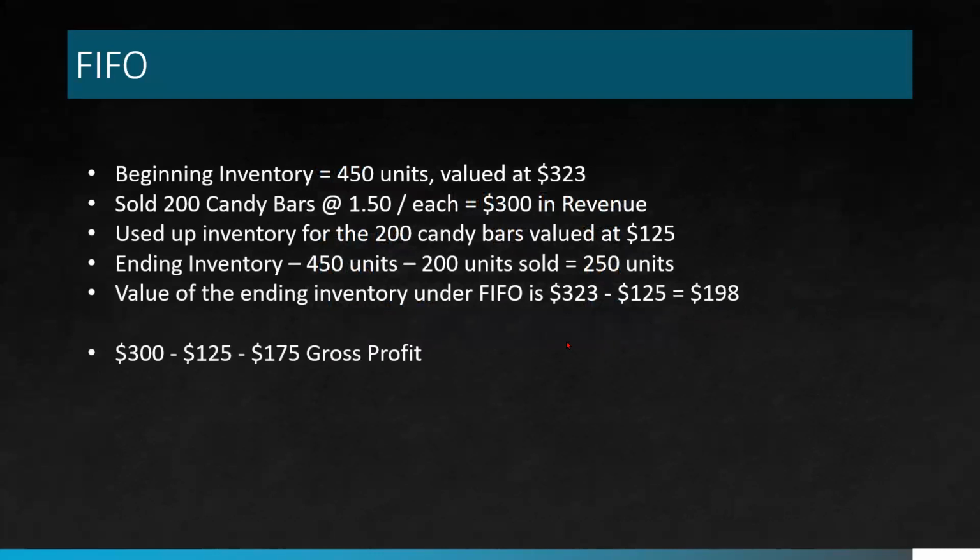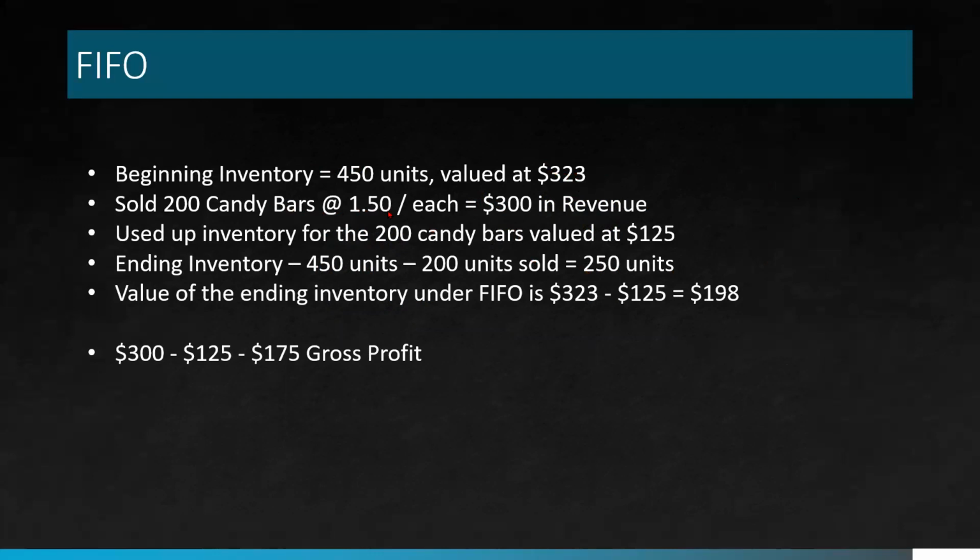So to recap, the beginning inventory in totality was 450 units, and I purchased those 450 units at different prices depending on the day that I purchased them. My total inventory was valued at 323.